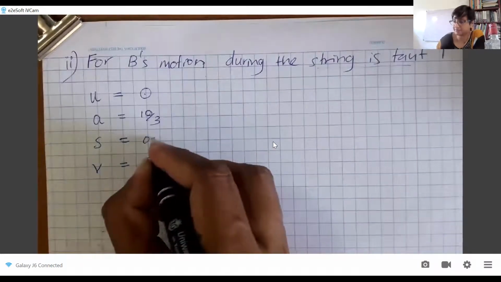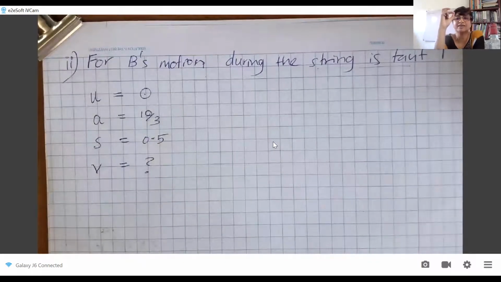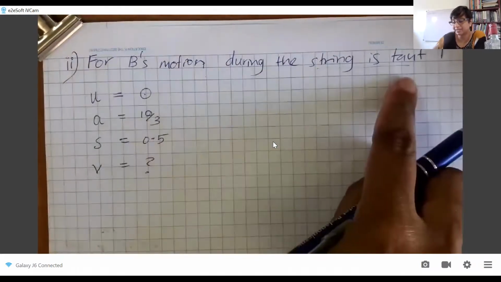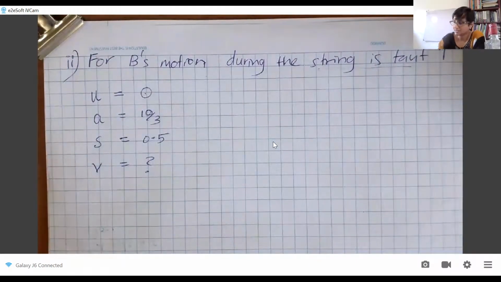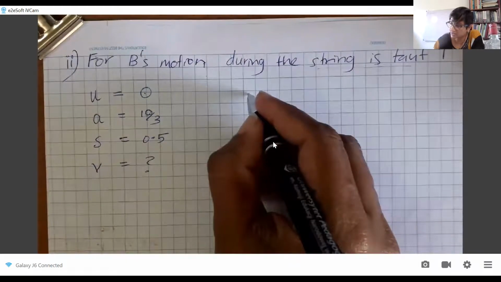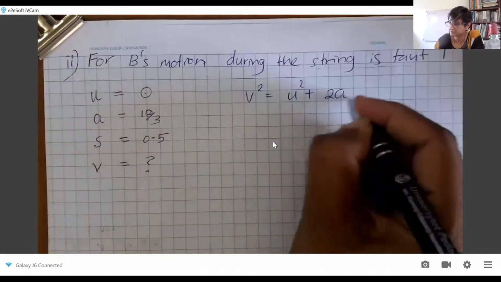Thank you, Nathan. You can find that last velocity B had when A hit the ground. You could have found the same thing by thinking of A for its motion downwards. What's the equation? V squared equals U squared plus 2AS.